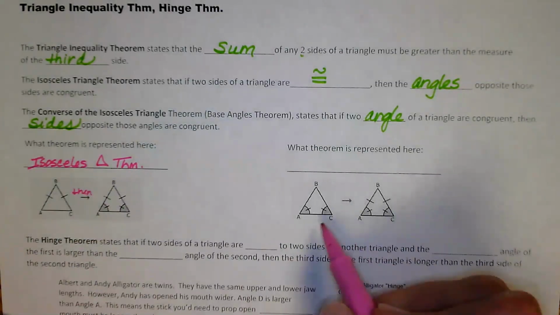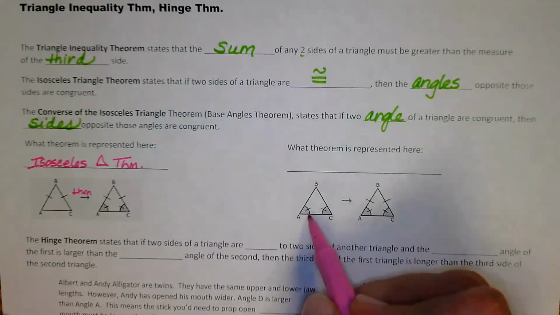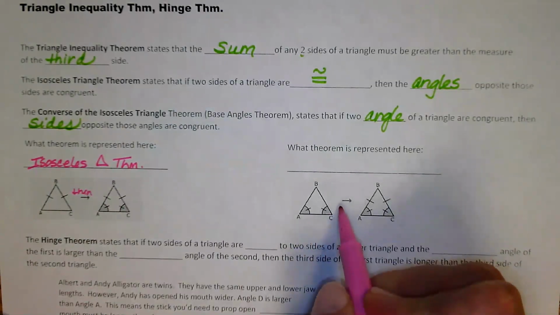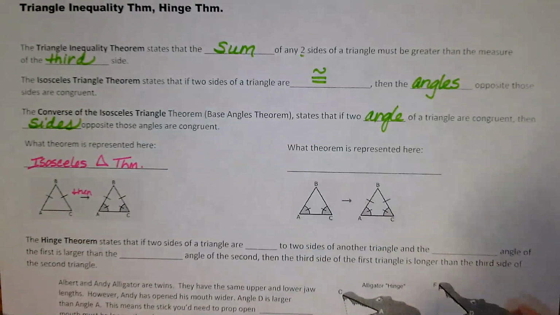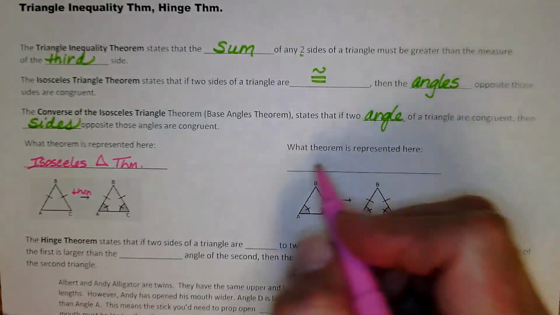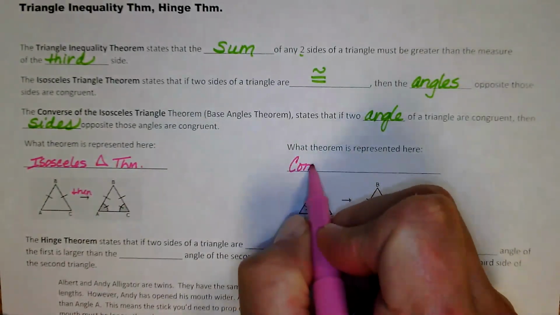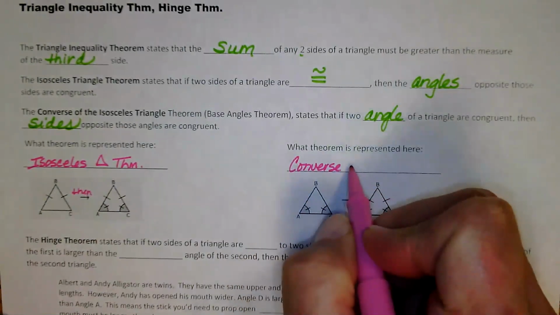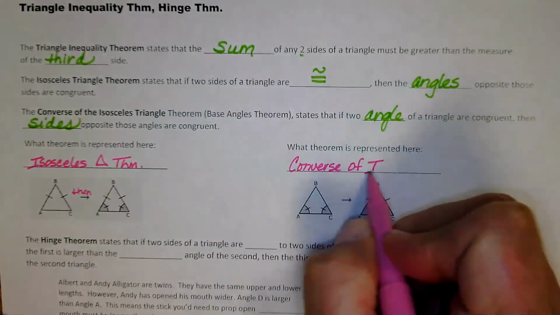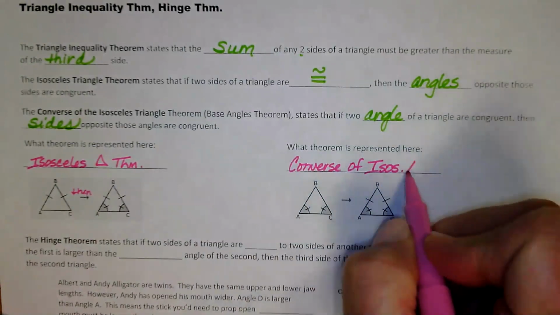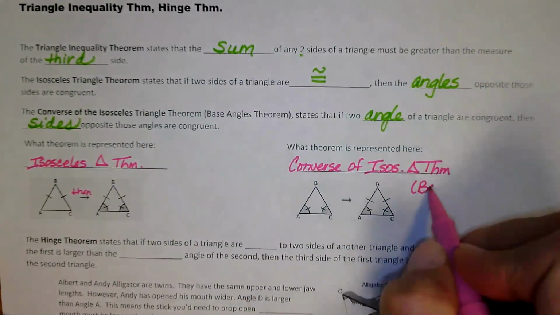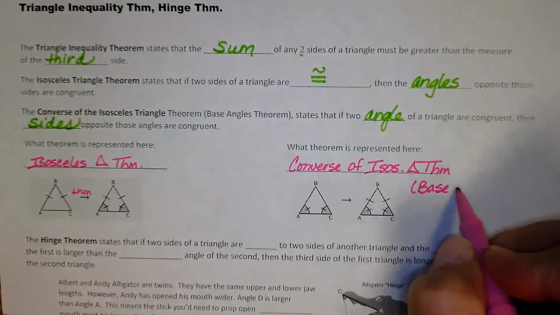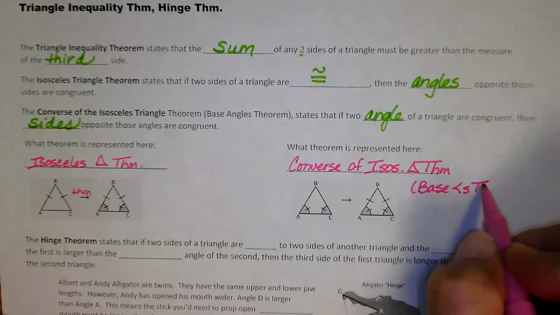In this picture, two angles are congruent, then the sides opposite those angles are congruent. So that's the converse of this. Converse of, and I'm going to abbreviate, isosceles triangle theorem. And again, you may hear this referred to as the base angles theorem.